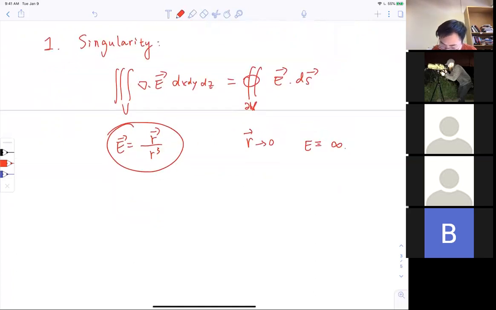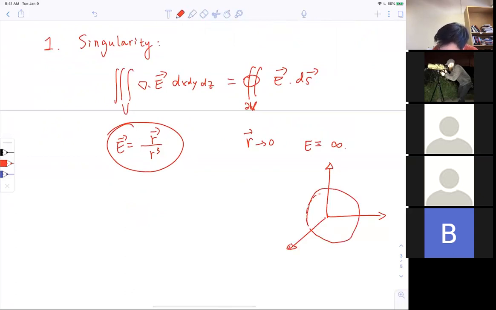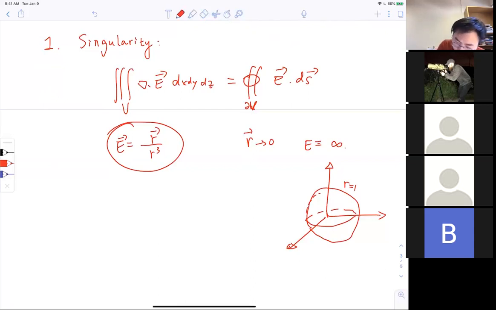Let's draw a 3D coordinate system. I have a sphere with radius r equal to 1. I want to apply this divergence theorem to this electric field for this sphere.